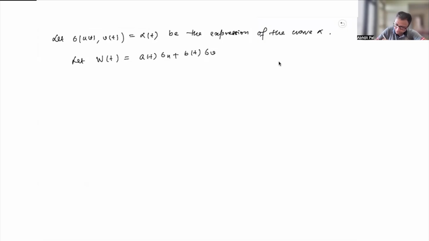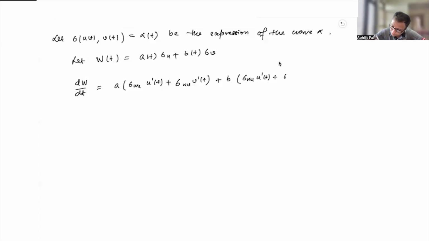Now if I take the differentiation, so dW/dt will be equal to a times (sigma_uu u prime(t) plus sigma_uv v prime(t)) plus b times (sigma_vu u prime(t) plus sigma_vv v prime(t)) plus a prime(t) sigma_u plus b prime(t) sigma_v.